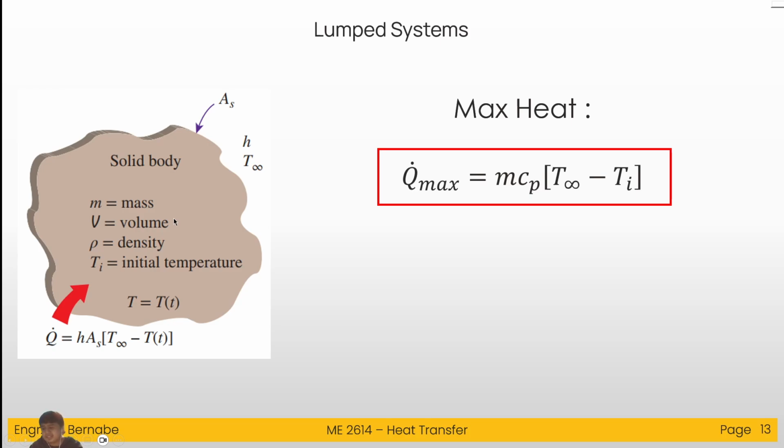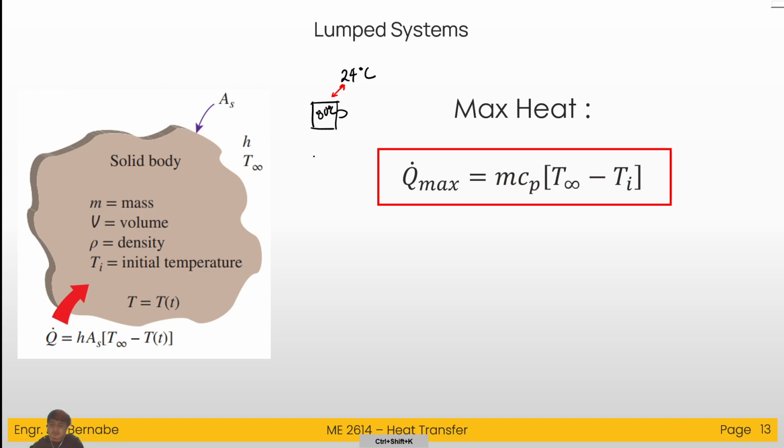If you have a very hot coffee, let's say 80 degrees Celsius, and the surrounding is 24 degrees Celsius, the maximum heat transfer will occur when the highest temperature difference is present.